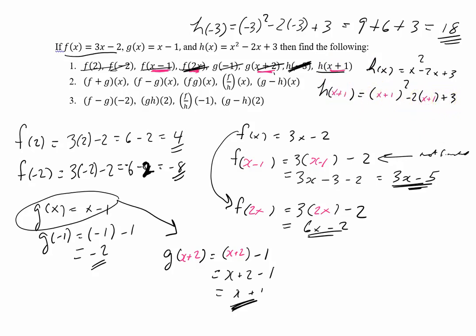And we cannot stop there. We have to write it without any parentheses. So x plus 1 all squared is not x squared plus 1 squared. It's x plus 1 times itself. And I'm going to have to FOIL that. Then we have to distribute the negative 2 through. So that'll be minus 2x, then minus 2 times 1 plus 3.